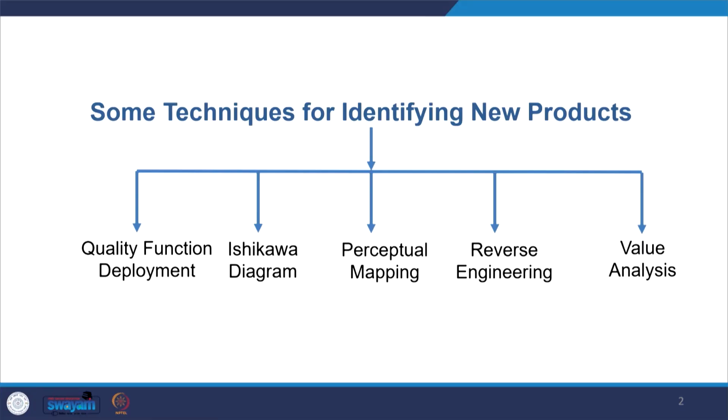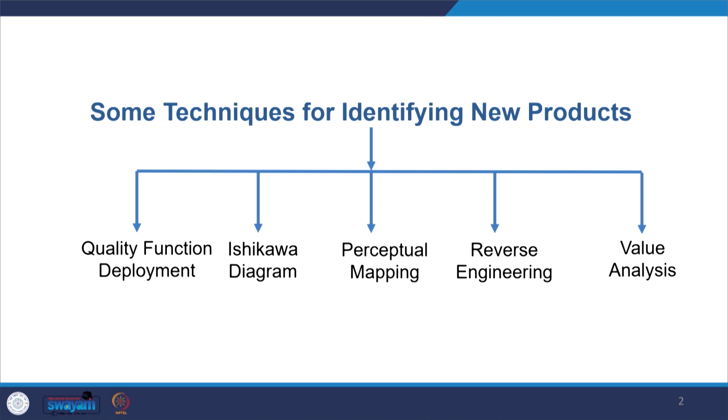So today we will continue from there, and we will talk about some methods generally used by companies for developing a new product. The techniques we are talking about today include, for example, quality function deployment, which is a very popular method, also called the house of quality.